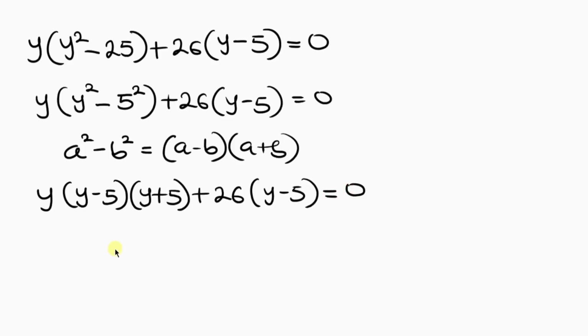Now, our next step will be for us to factorize. Notice that y minus 5 is common. So let's factor out y minus 5. So let's divide. y times y minus 5 times y plus 5 divided by y minus 5, I'm going to have y times y plus 5.